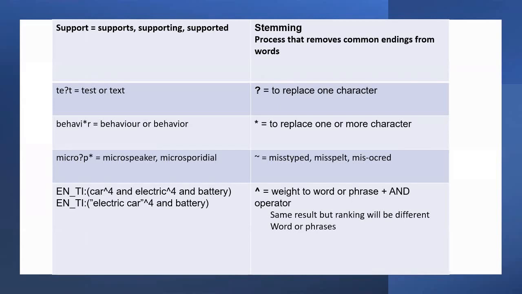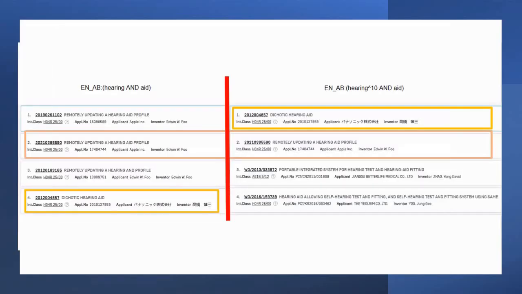All those will return the same amount of result. Even if you don't use any weighting factor, you will have exactly the same number of results. So this is what I did here to show you the difference between hearing aid and aid on the left hand side, and the same query with a weighting factor 10 on hearing. So hearing is 10 times more important than aid.